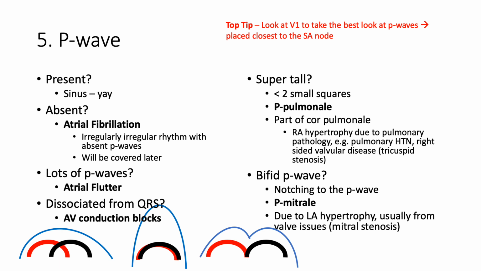On the other hand, we have something called P mitrale, and you get this notching, which is kind of good because it looks like an M, and it's mitrale. This happens because of left-sided issues, and it makes the left side thicker than the right.